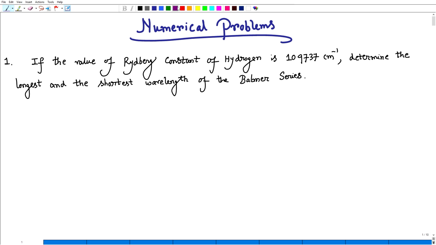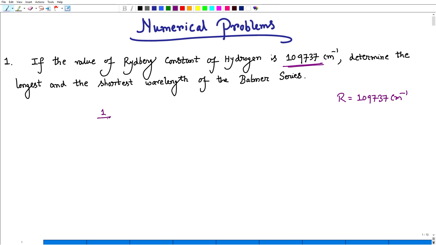Okay, they gave us the Rydberg constant, R, which is 109737 centimeter inverse. Now they asked to determine the longest and shortest wavelength of the Balmer series. So, what is the formula of wavelength for the Balmer series?